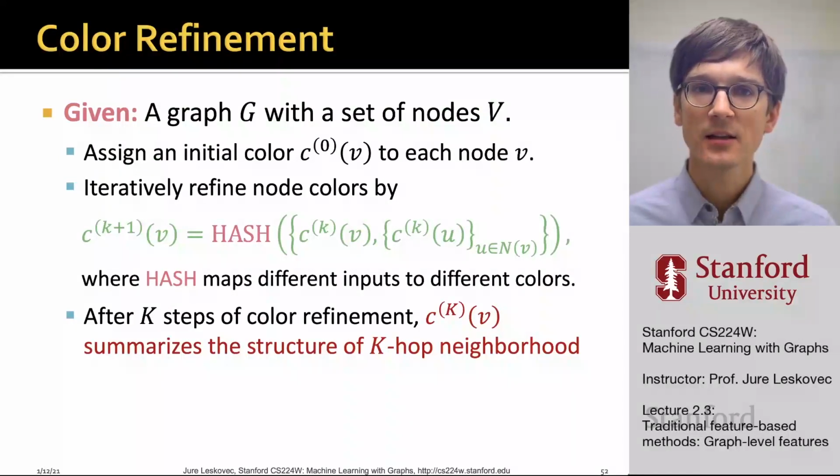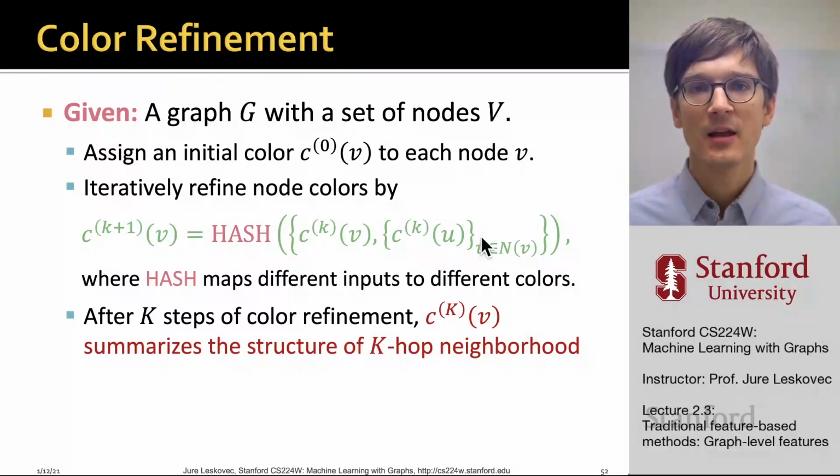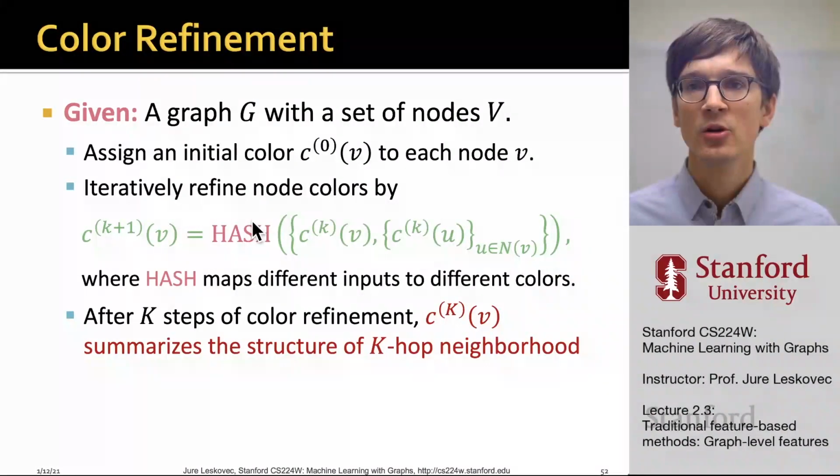So the idea is that we are given a graph G with a set of nodes V, and we are going to assign an initial color c superscript 0 to each node. And then we are going to iteratively aggregate or hash colors from the neighbors to invent new colors.